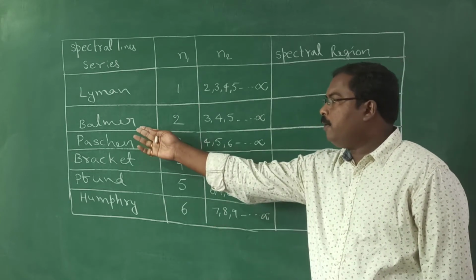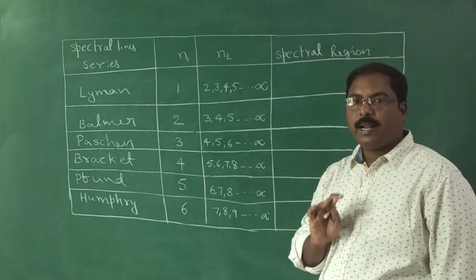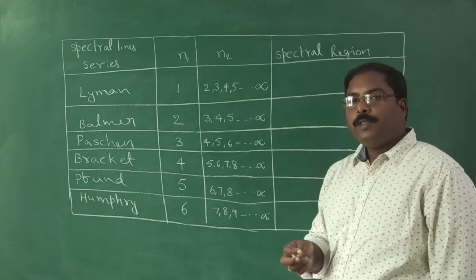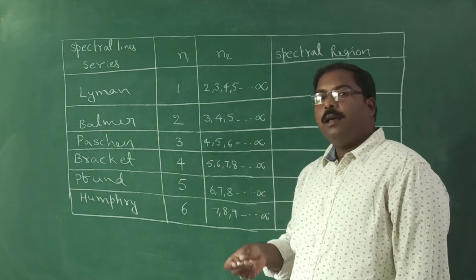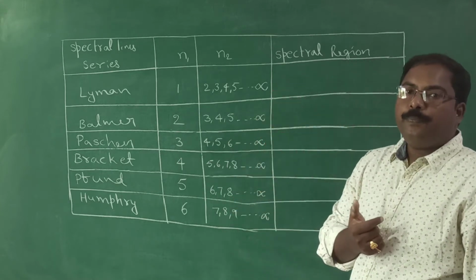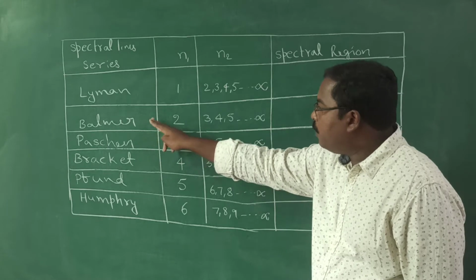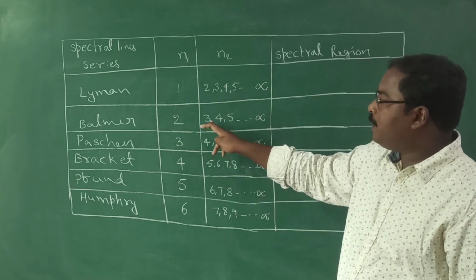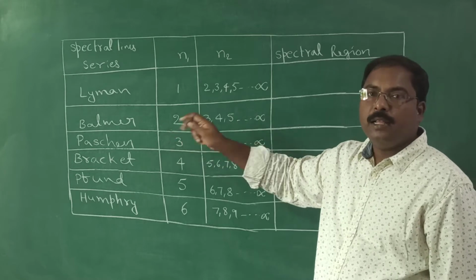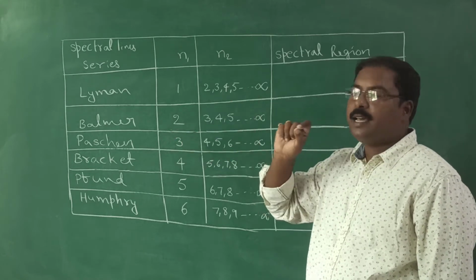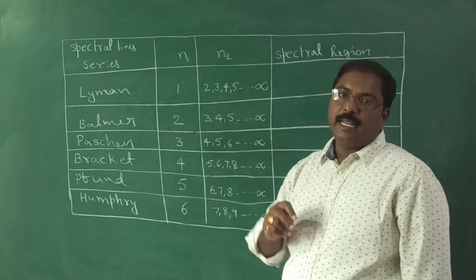What is meant by the Balmer series of lines? For example, if they ask you to define the Balmer series of lines: in a hydrogen atom, the spectral lines observed when the electron transition takes place from any orbit to the second orbit are known as the Balmer series.